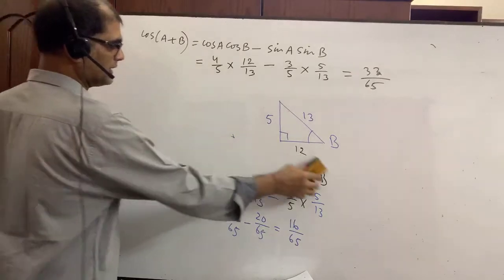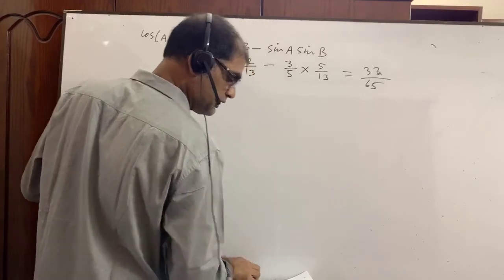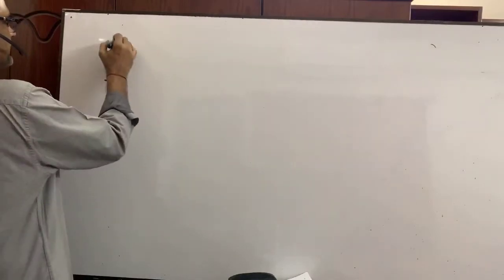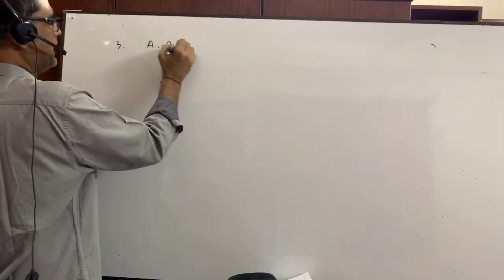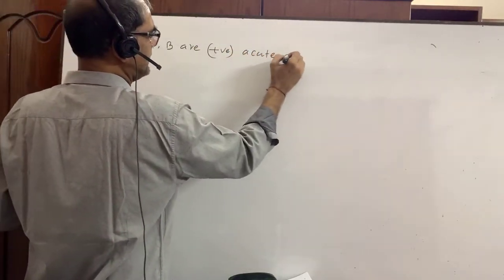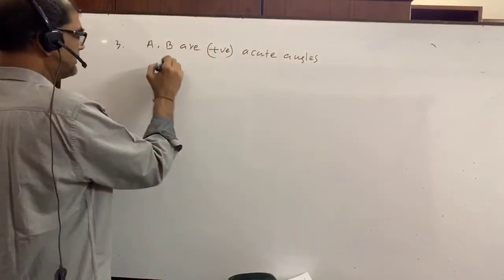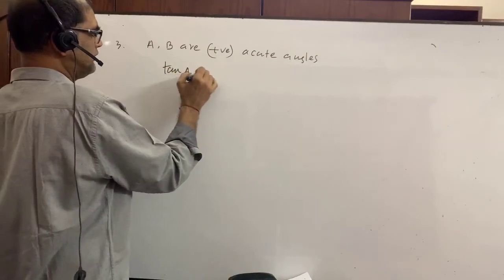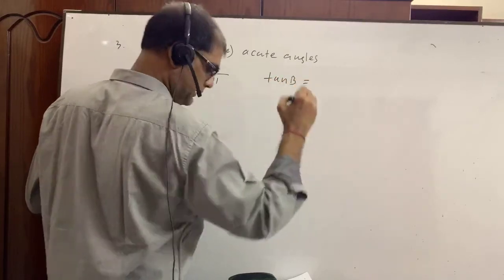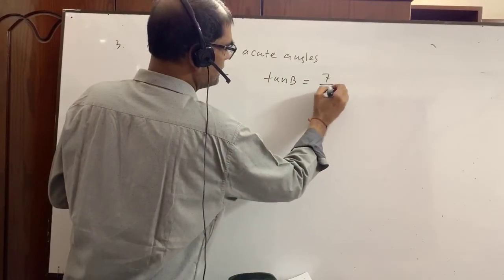Now we are going to another math. That is question number 3. A and B are positive acute angles, and tan A equals to 2 by 11, and tan B equals to 7 by 24.